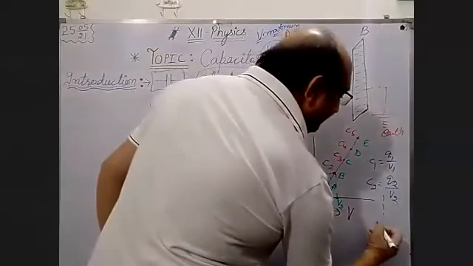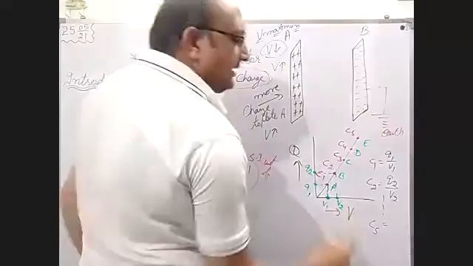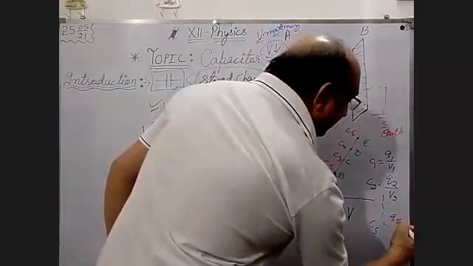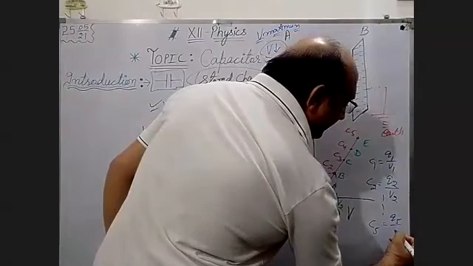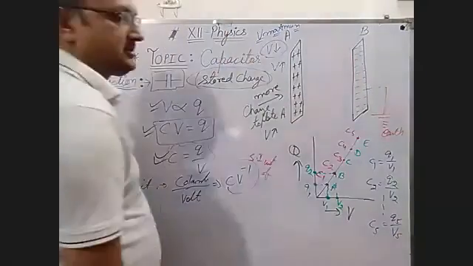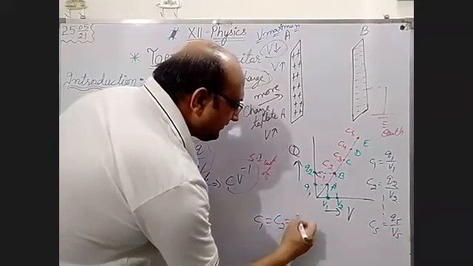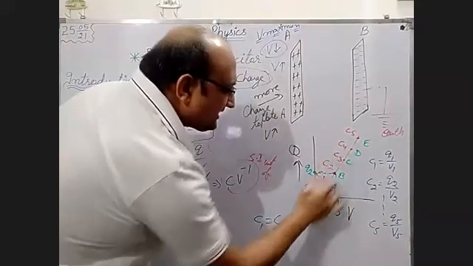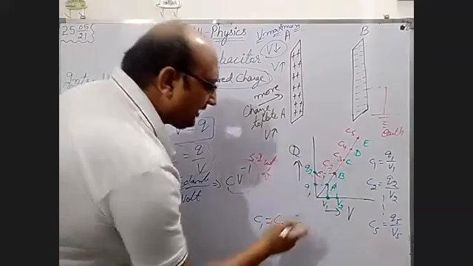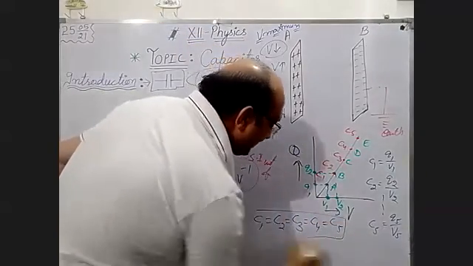Like this, you can take all the values C3, C4 and C5 also by taking the ratio Q5 upon V5 like this. But one thing is common there, and what is this? In case of a straight inclined line QV graph, all these values will be similar, meaning same.